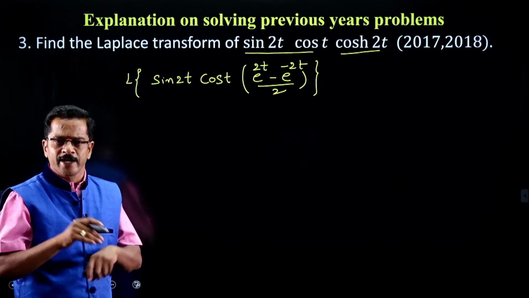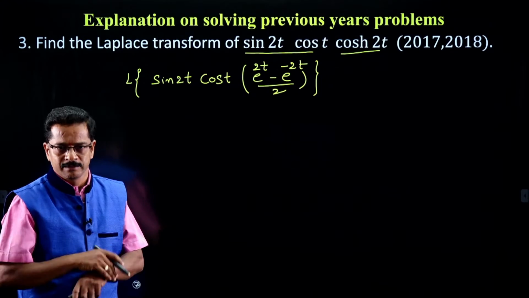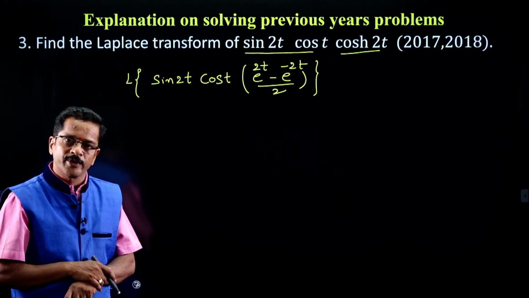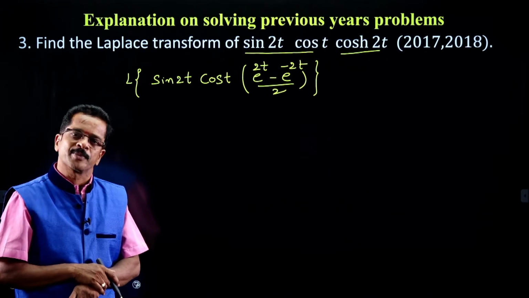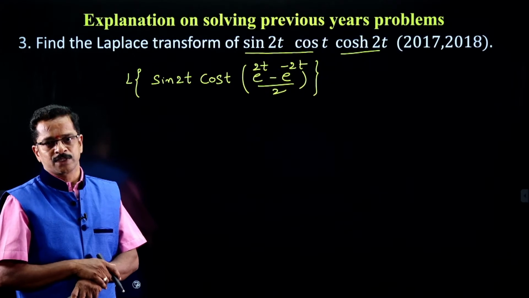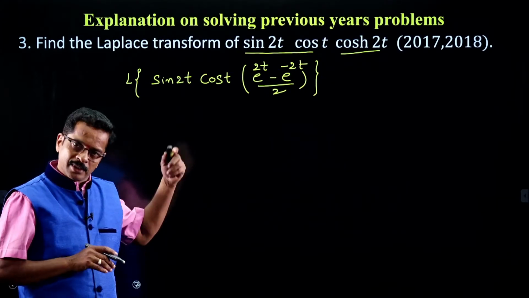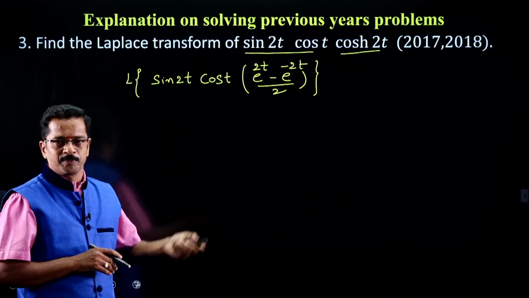If the functions are under multiplication, you cannot go for applying Laplace transform directly. You need to convert them into addition or subtraction of the functions. Then you can go for finding Laplace transform as per the previous knowledge.